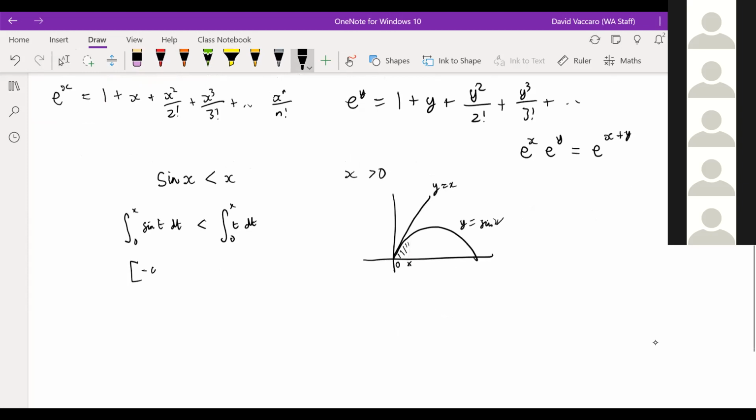Sine t integrates to negative cos t, and I evaluate between 0 and x. t integrates to a half t squared between 0 and x. So I get negative cos x minus 1 is less than 1/2 x squared. And then if I rearrange, I get that cos x is bigger than 1 minus x squared over 2. But I know that cos x is less than 1.